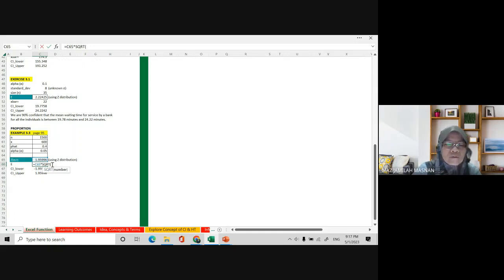And we know that we have to multiply p hat q hat. The p hat is 0.4, just to make things simple, multiplied with 0.6, that will be the q. And it should be divided by the n.